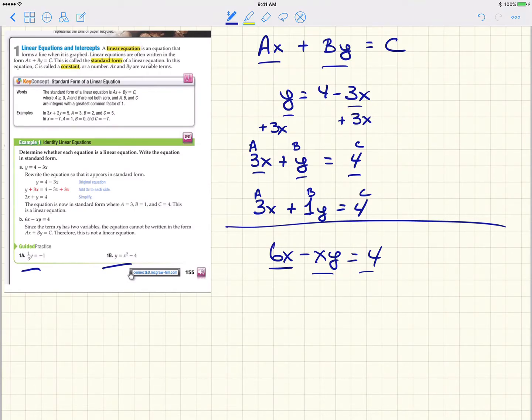And then when you're done with that one, go ahead and try 1B: y equals x squared minus 4. Does that describe a linear equation? So I want you guys to pause the video and do those two problems. Then when you're done, start the video up again and we'll talk about it. Okay, good. So pause the video here, do those two problems, and then we'll keep going.